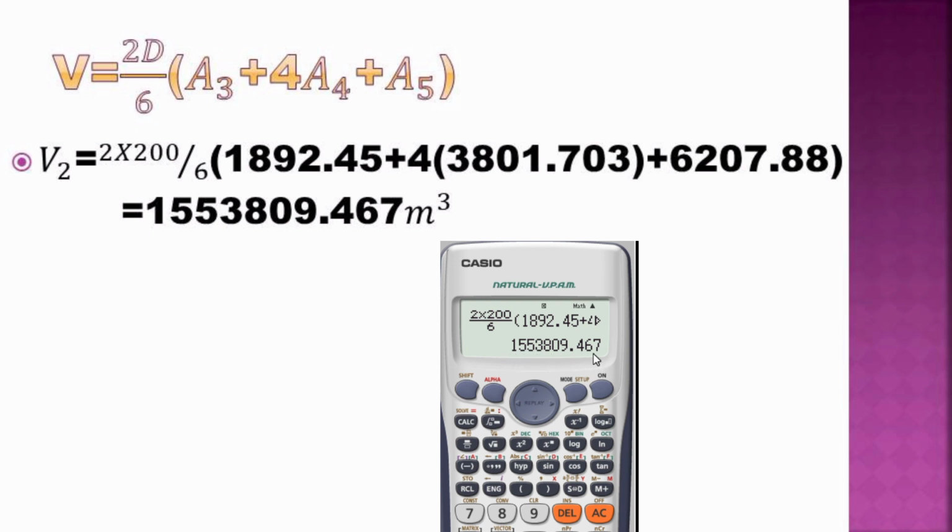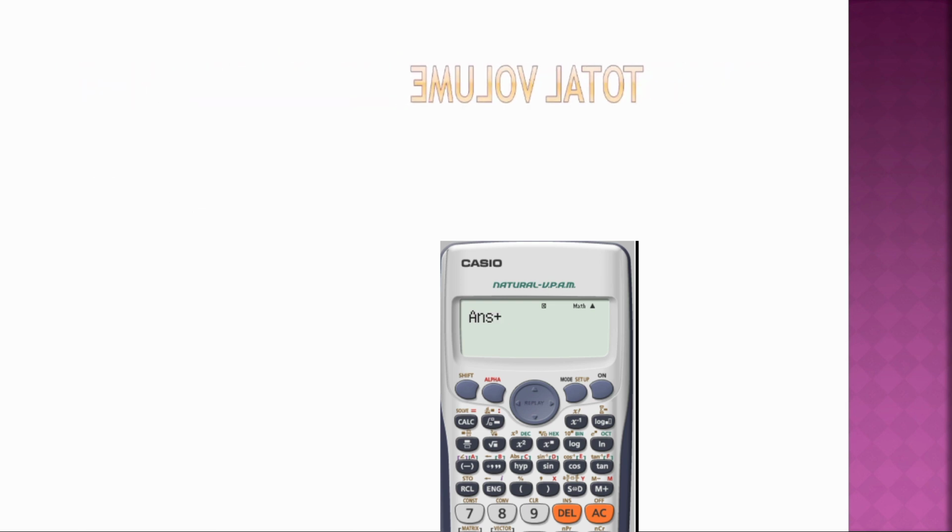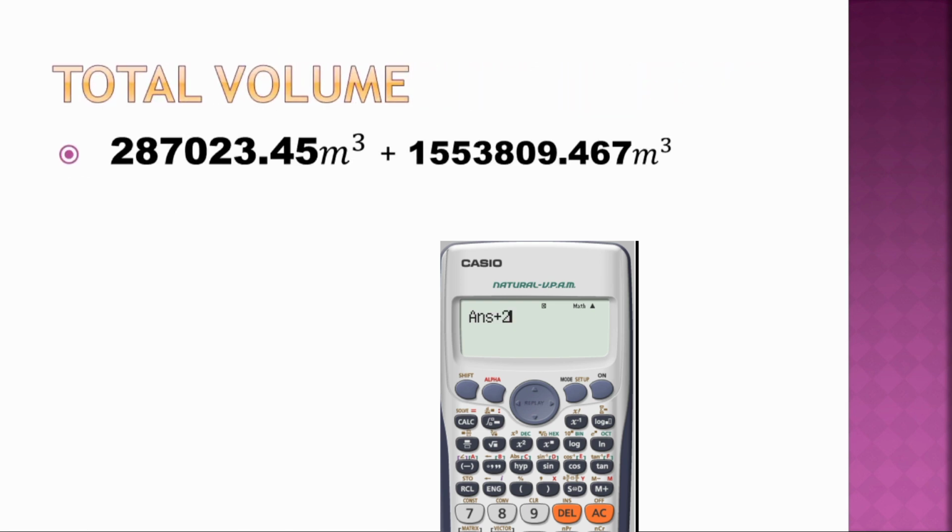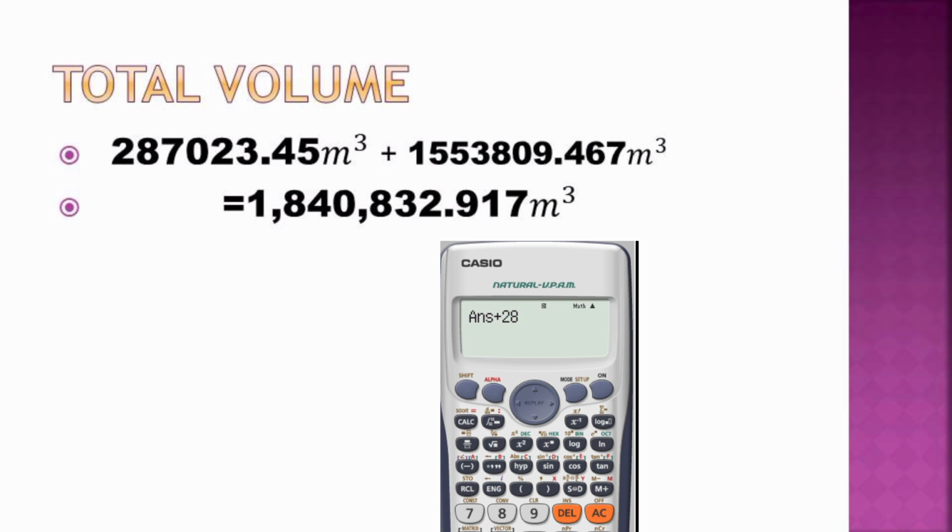That is my answer. After having done that, I combine the two volumes because I need to find the total, and by adding the two volumes, my final answer becomes 1,832.917 meters cubed.